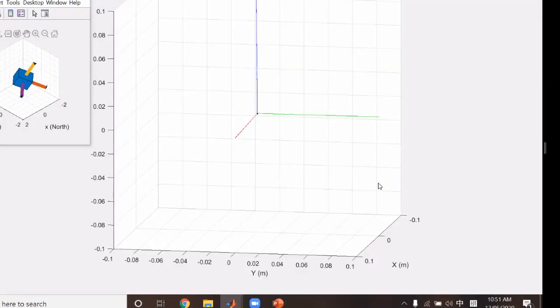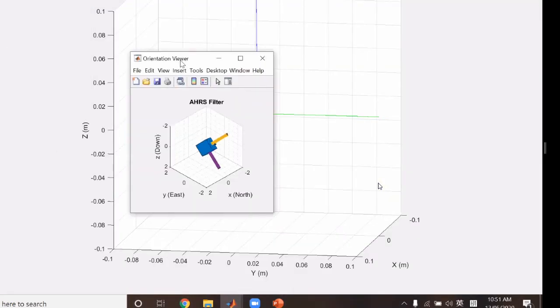You can see this little box here. If you tie it on your head and move your head around, the computer knows where your head is going, which direction it is facing. This is called orientation.